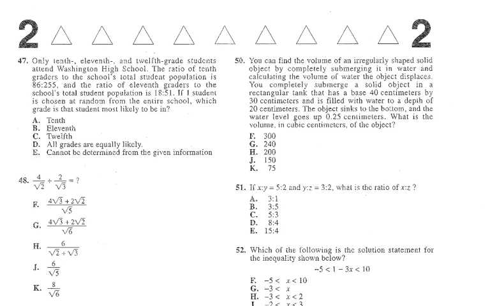For Washington High School, the ratio for 10th, 11th, and 12th grade. Suppose altogether is 255. Then the 10th grader will be 86.